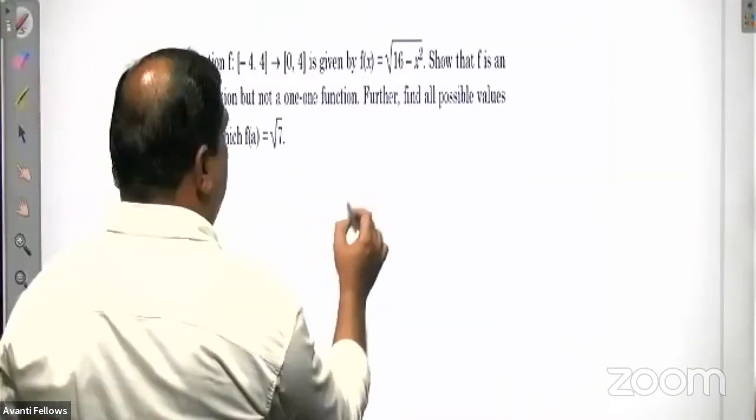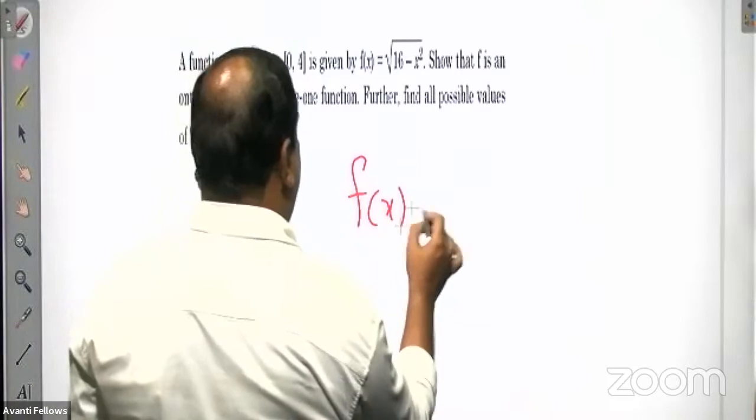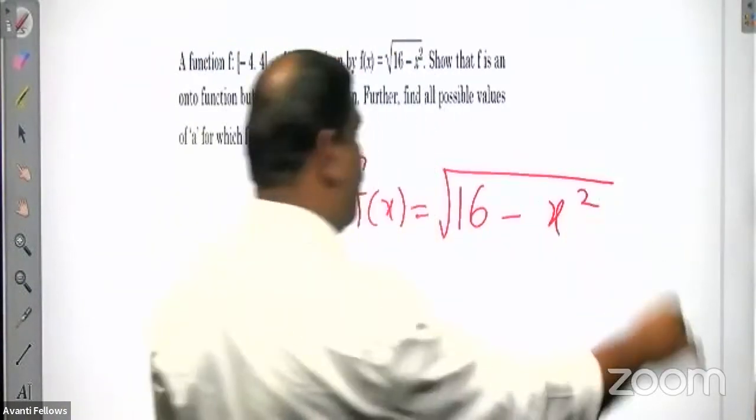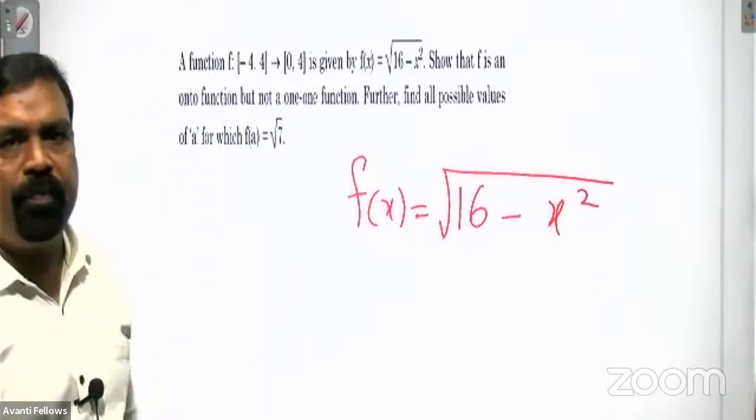So the function is f of x equal to root of 16 minus x square.